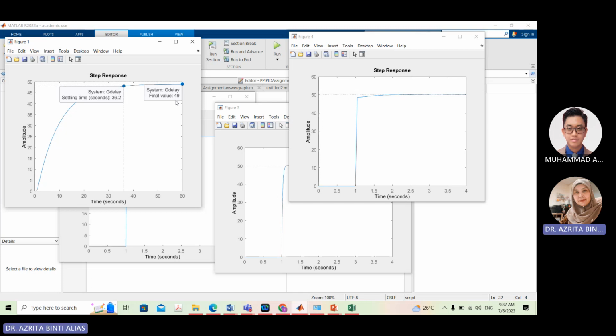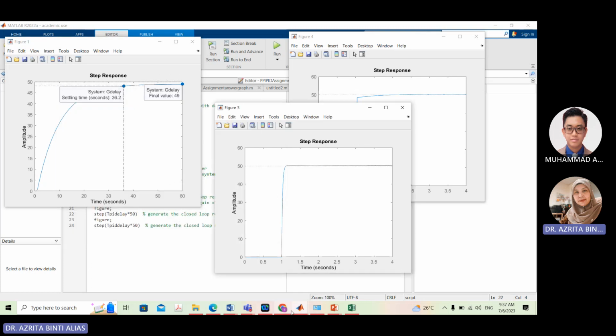Because our input is 50 Celsius. So that's why the ESS is referred to as 50 minus the final value. Okay, same goes to figure 2, figure 3, and figure 4.